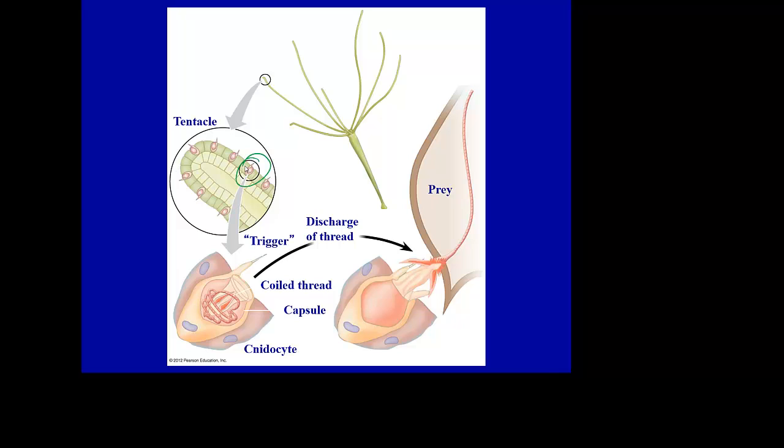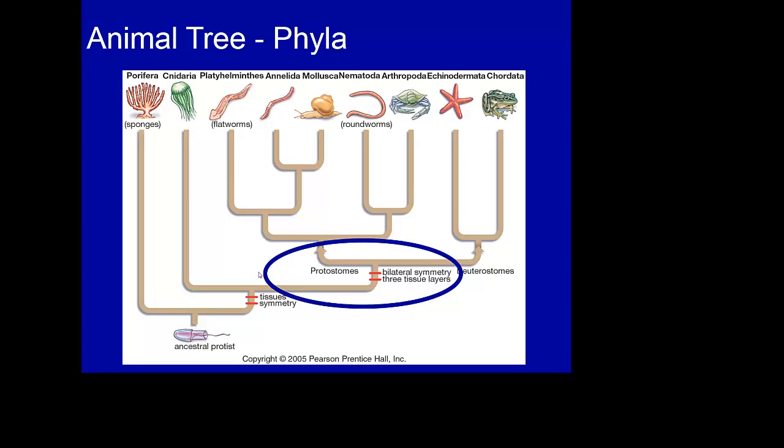It's not because it was hunting you. So when these little triggers get bumped, these little thorns get bumped, it actually causes this entire cell to uncoil and reach out and wrap around the prey item. So it actually acts kind of as a lasso or a fishing line to hold on to this prey item.